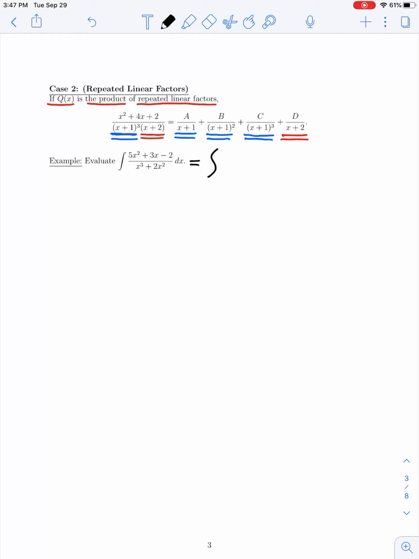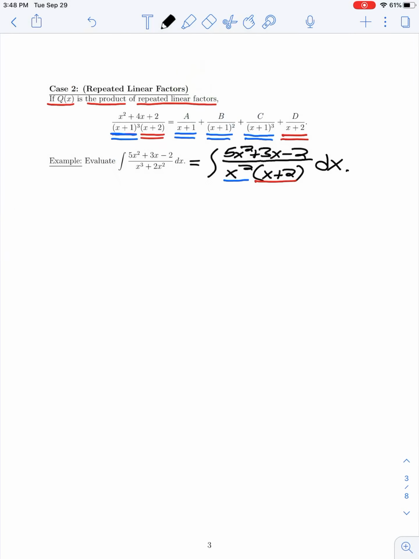So for this function, we see that we can factor out an x squared from the denominator, and we would be left with the factor of x plus 2. And that's as far as this can be factored. So when I look at this denominator, I see there are 2 repeated factors of x and 1 distinct linear factor of x plus 2.